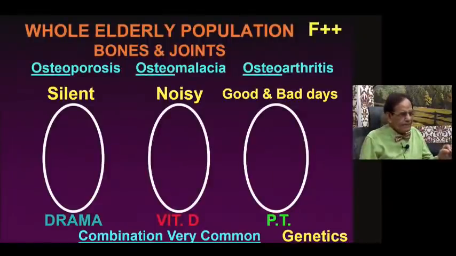Maybe very little, maybe silent, maybe as a comorbidity. But these are so common that an elderly patient, 75 years old, is bound to have all three. It is you how you pick them up.